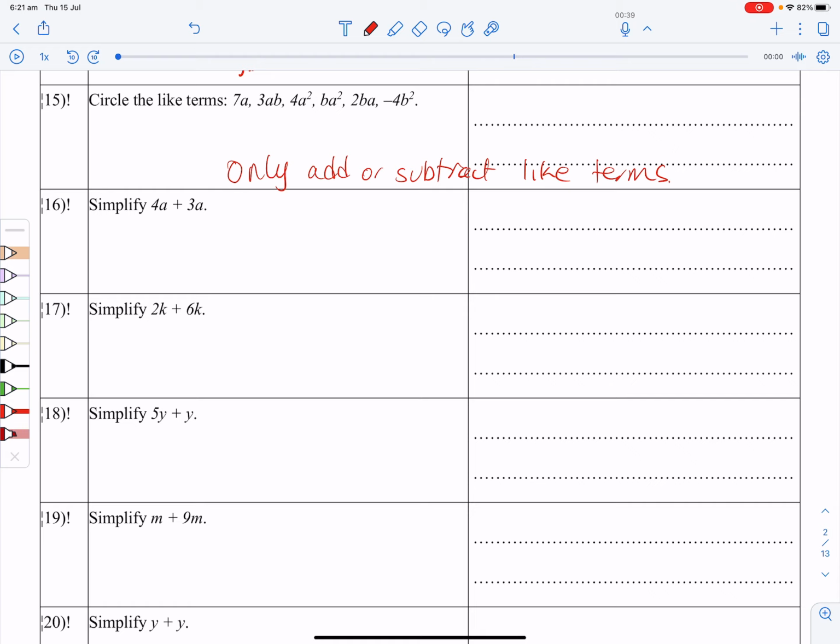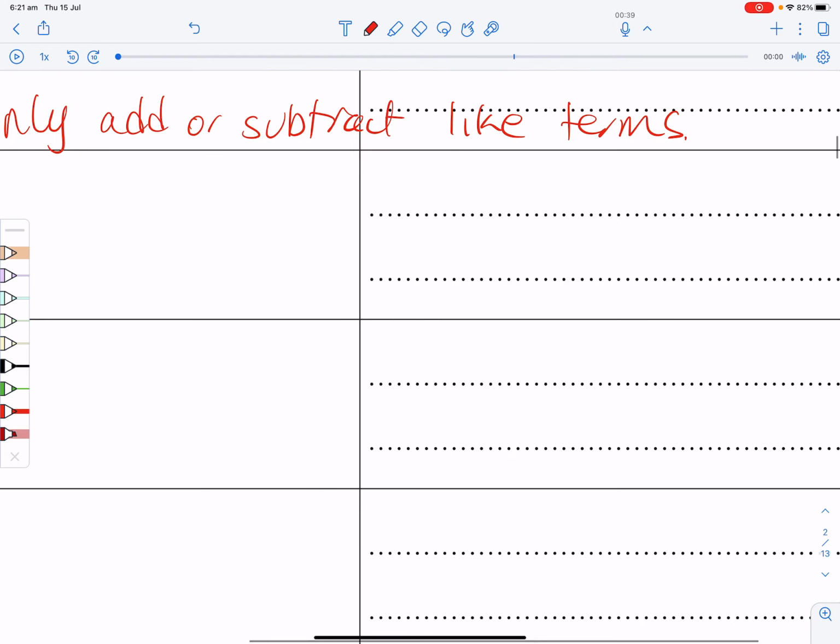Let me show you what I mean. If you ask me to simplify 2a plus 3a, my answer would be 5a. Okay? See, I've got 2 apples and another 3 apples gives me 5 apples.